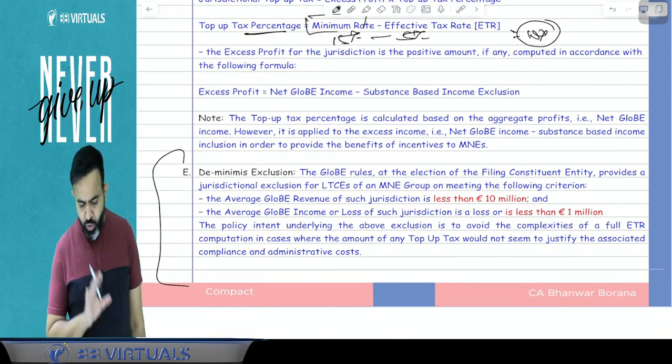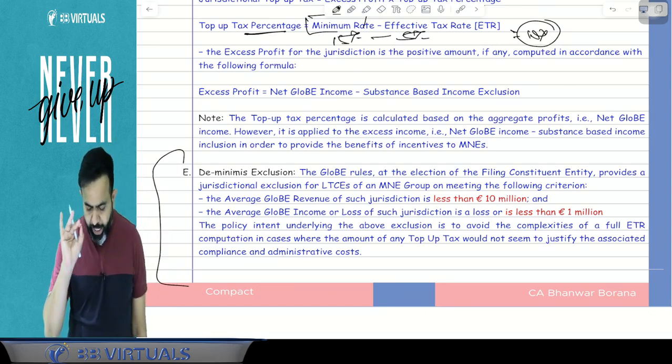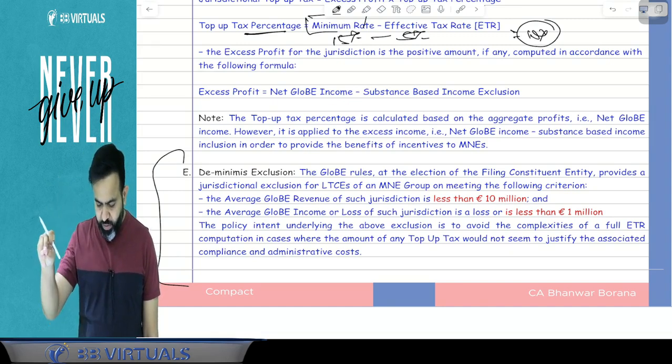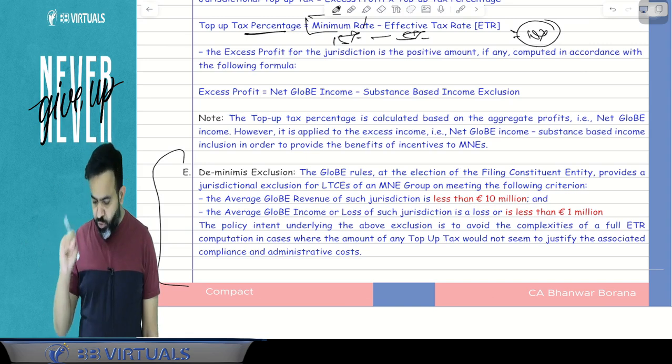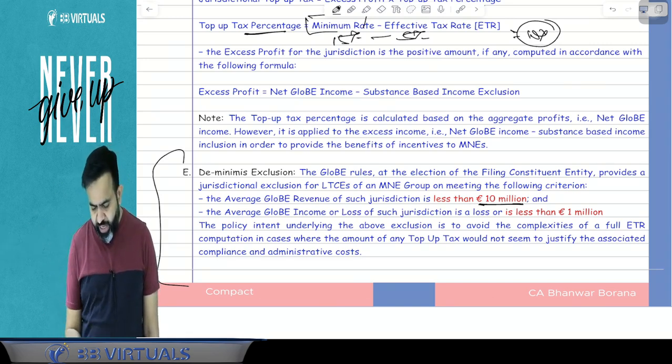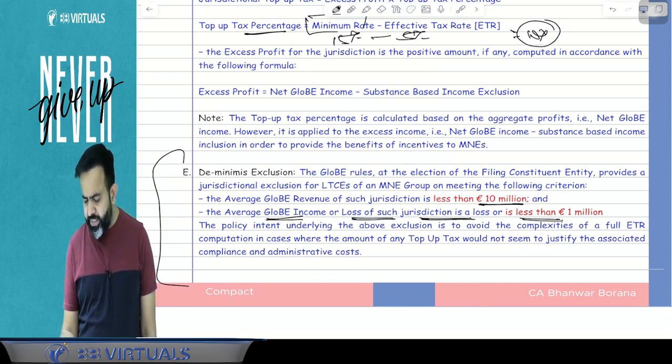Now one more point guys, this top up tax is not applicable on any country from which their revenue from that jurisdiction is less than 10 million and average GloBE income or loss of such jurisdiction is less than 1 million.